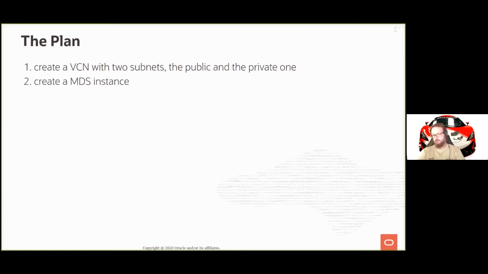Then we need to create the MDS instance, which is the MySQL Database Service instance. We create a VPN because, as I said, we want to copy the data from on-premise to MDS, and maybe, and this is what I want to show you today, we want to have the on-premise still active, still be the main database, your main production, and see how the data gets into MDS, so that you can test and get familiar with it.